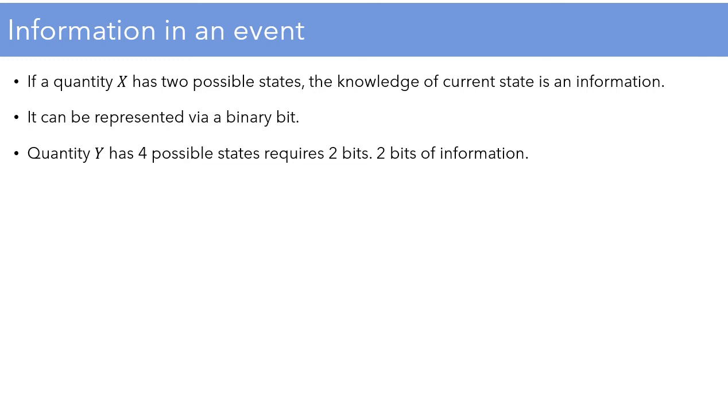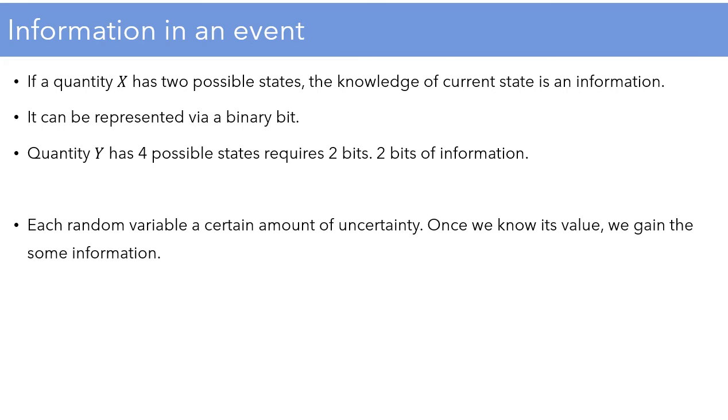So the information is worth 2 bits. So each random variable contains a certain amount of uncertainty, right? If it has many possible values, knowing what exact value it has has higher information. It means if the number of possible outcomes of X increases, you can expect to get more information from each outcome.